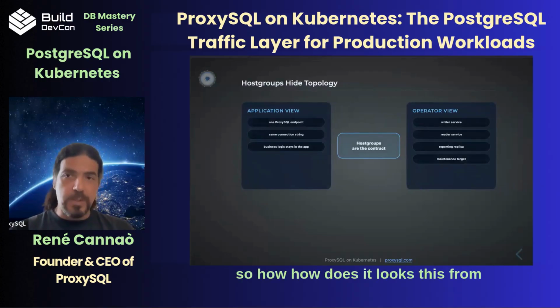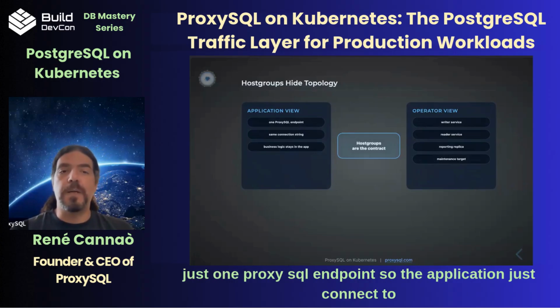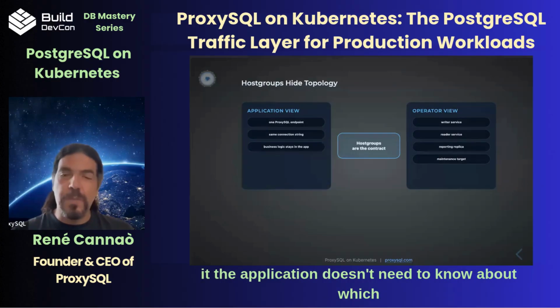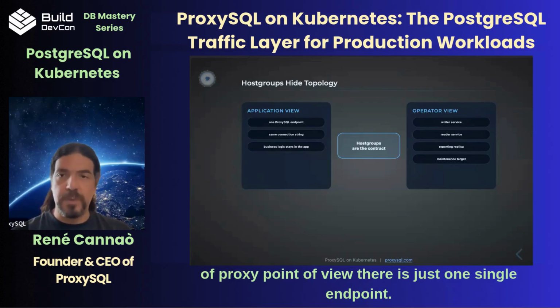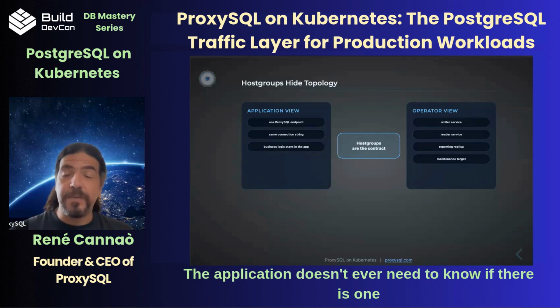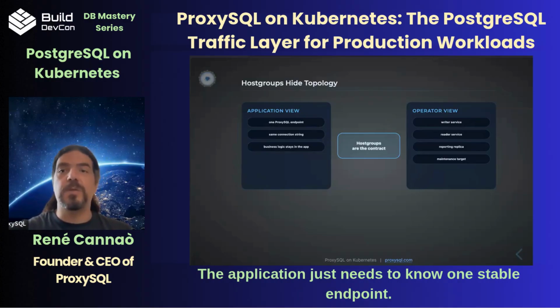So how does this look from a practical point of view? What the application sees is just one ProxySQL endpoint, so the application just connects to it. The application doesn't need to know which one is the primary and which are the replicas. From the application's point of view, there is just one single endpoint. The application doesn't even need to know if there is one Postgres cluster or hundreds of Postgres clusters. It just needs to know one stable endpoint.